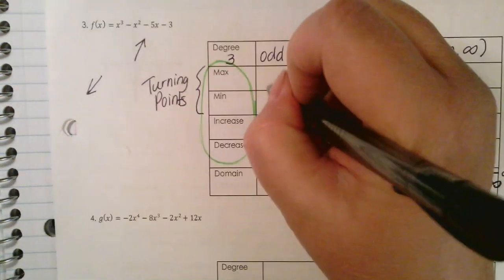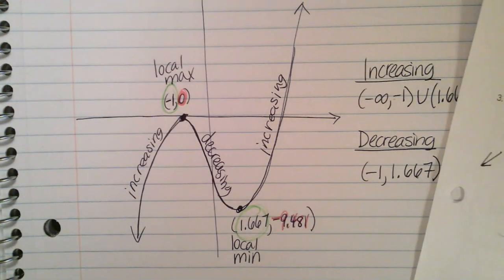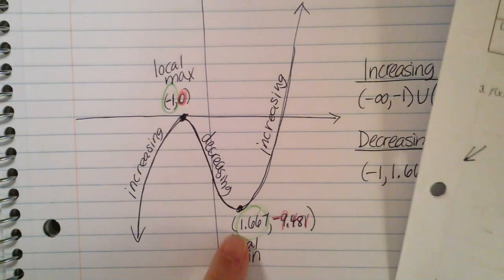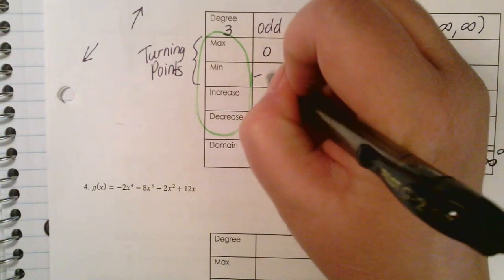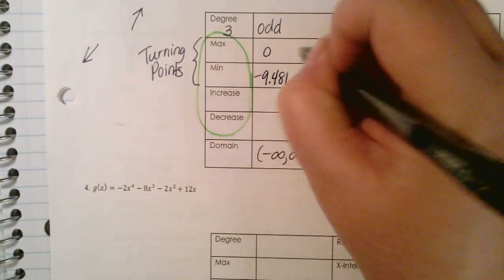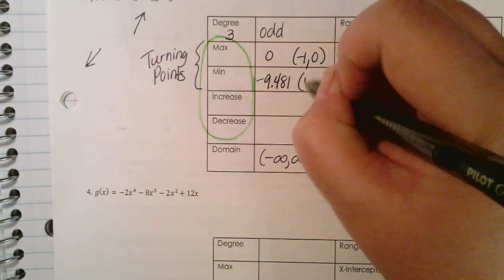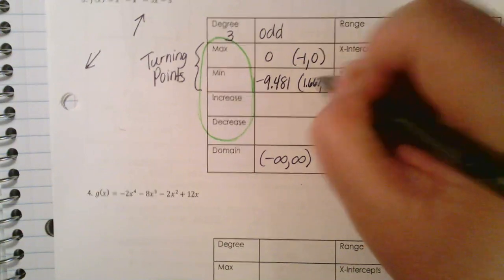So the max and min, I have a local max at 0, and my local min, I have a local minimum of negative 9.481. Now sometimes we like to write these as points, so you could say this is at negative 10, or you could say that's at 1.667, negative 9.481. Sorry that I bled over here.